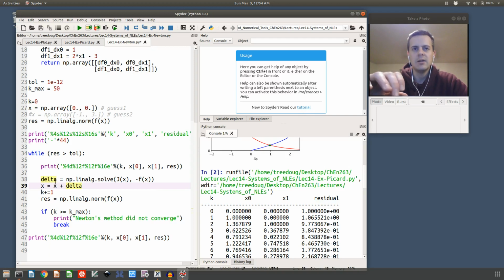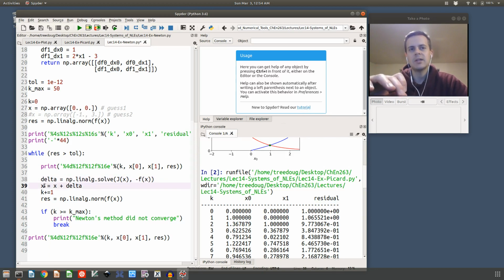So on line 38, I say delta is going to be numpy.linalg.solve j of x. So j of x, that's going to evaluate my Jacobian at the old x. And then that's my a, right? ax equals b. My b, the right-hand side, is minus f of x, which is a value right there, and it gives me delta.